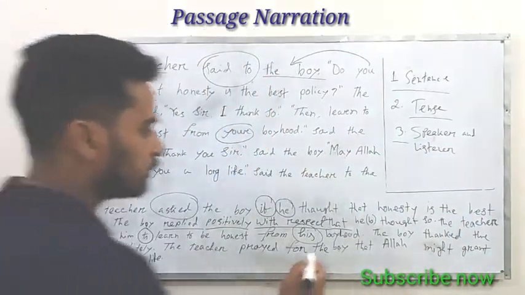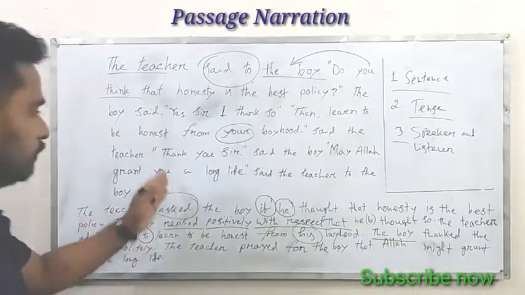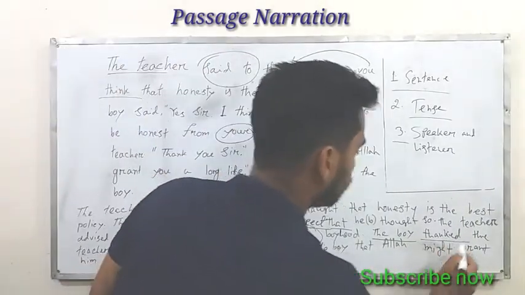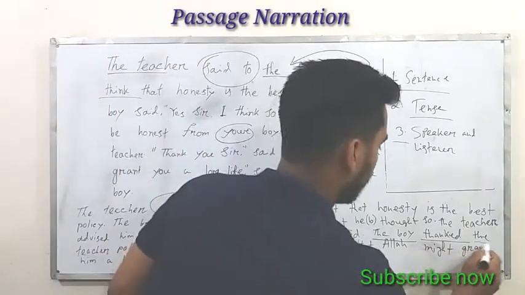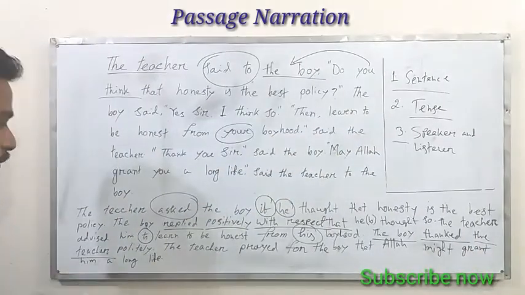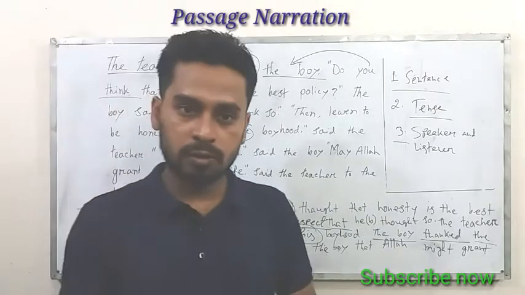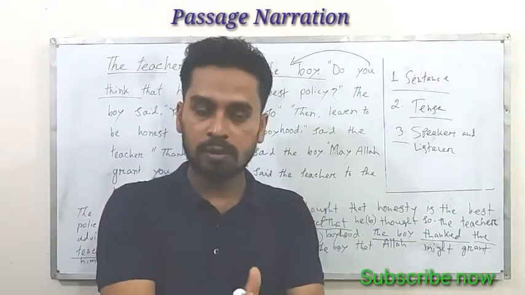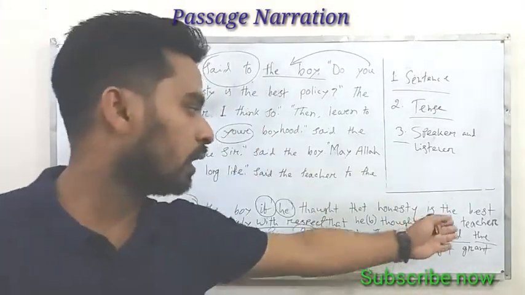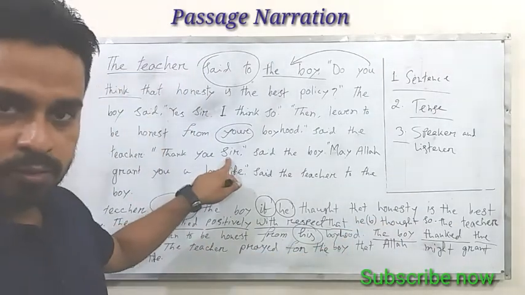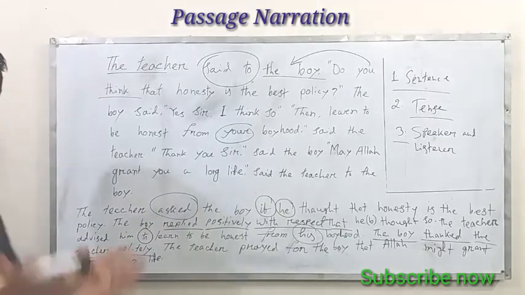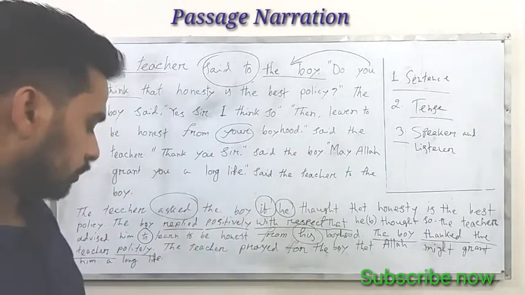Here the boy is the subject, and thanked is the verb form V2 of thank, and then the object, teacher. So the structure is subject, thanked, object, and politely for sir. Here you can use respectfully also.